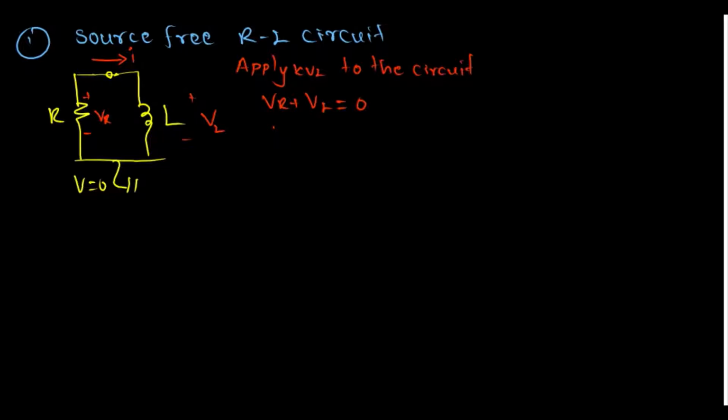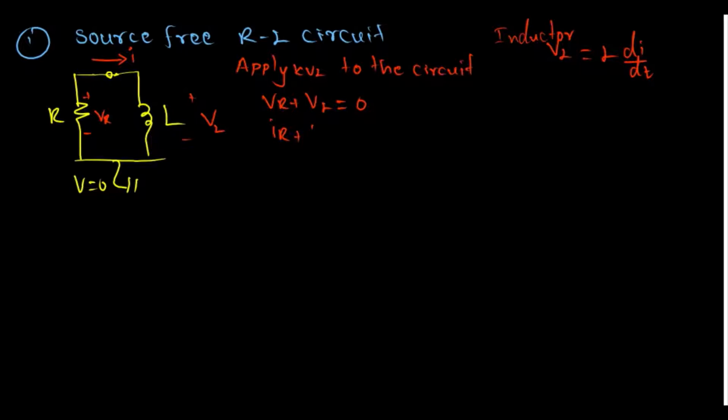We already studied mesh analysis and nodal analysis; here I'm using mesh analysis. So VR is I times R, plus VL. For VL, what is the inductor voltage? VL is equal to L times di over dt. We already know this; if you don't, remember that the voltage across an inductor is L, the inductance, times di over dt.